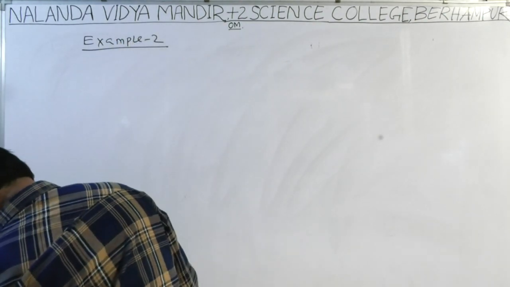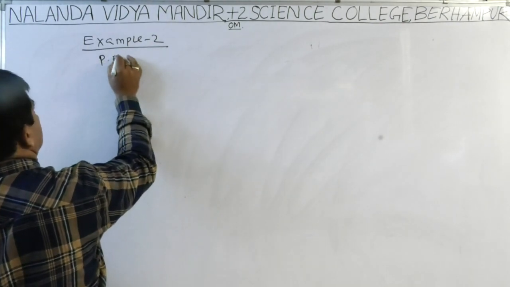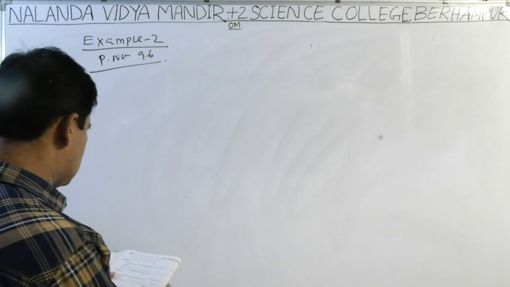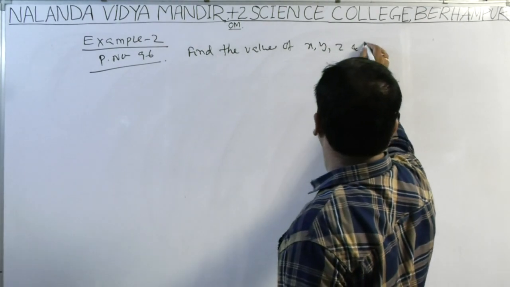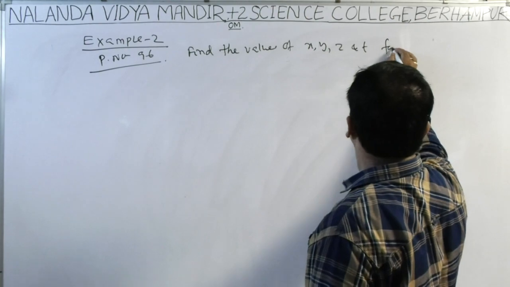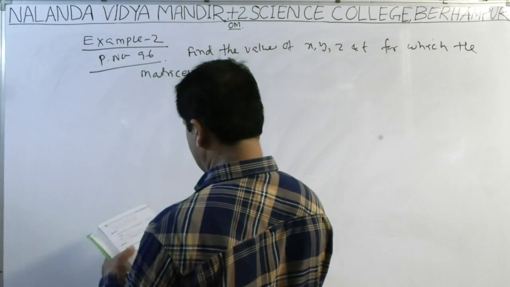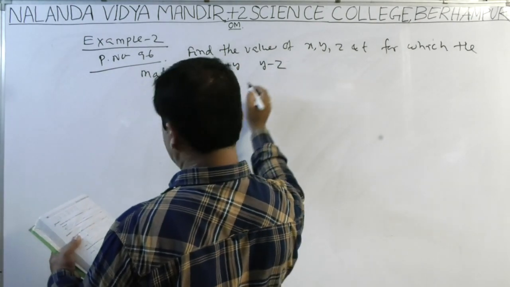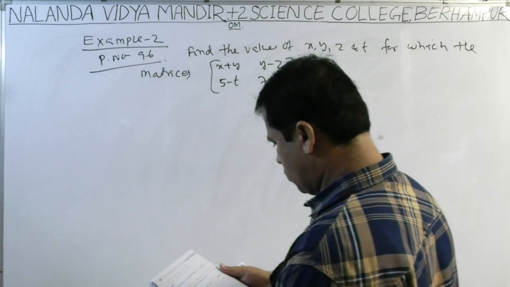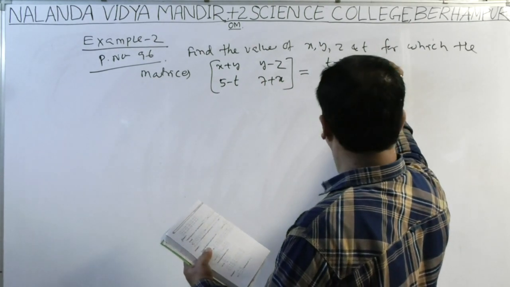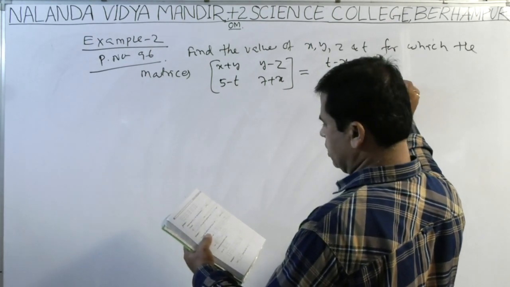Example 2. That is page number 96. Find the values of x, y, z and t for which the matrices x plus y, y minus z, 5 minus t and 7 plus x are equal to t minus x, z minus t, z minus y, and x plus z plus t.